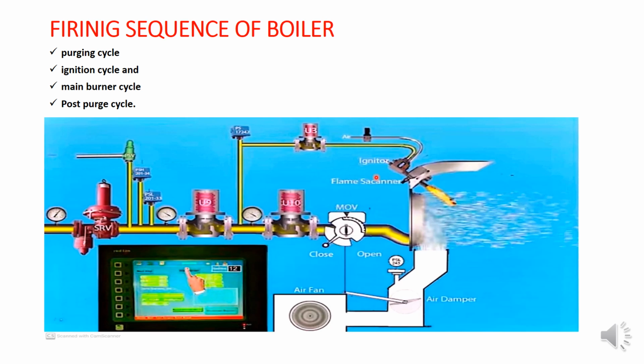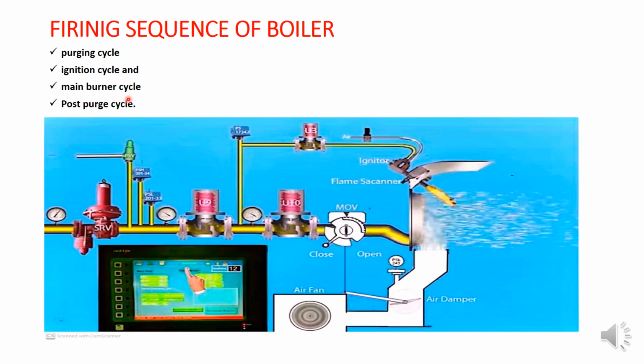Before that, in the first cycle you can see the pre-purging happens by the FD fan. The second cycle is the ignition cycle, done by the pilot burner, because the ignition transformer is there. The pilot burner is fired, this is detected by the flame scanner, which gives a signal to the flame eye relay, and through the microcontroller or PLC, this valve is opened. Once this valve is open, what is the third cycle?